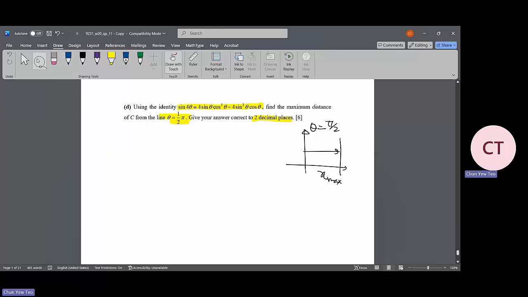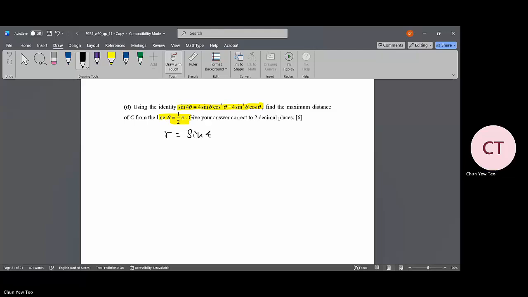Okay, so to make the r become x, let me erase this. Your r is sine 4 theta. Because it's x max, you multiply by cos theta. So over here we just mention multiply cos theta. Then you get cos theta sine 4 theta.